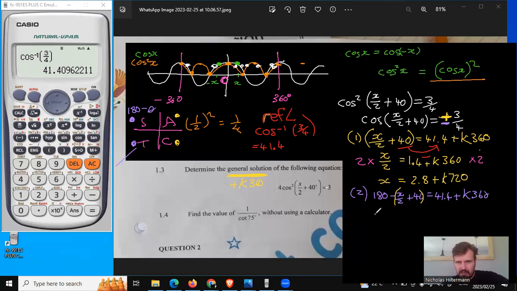And so I get 180 minus x over 2 minus 40 equals 41.4 plus K360. Okay, so there should be an equals here.